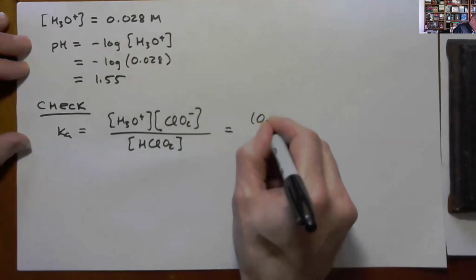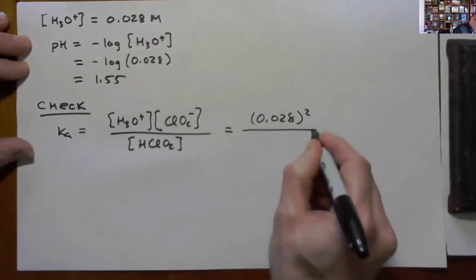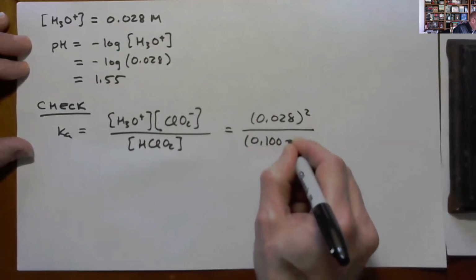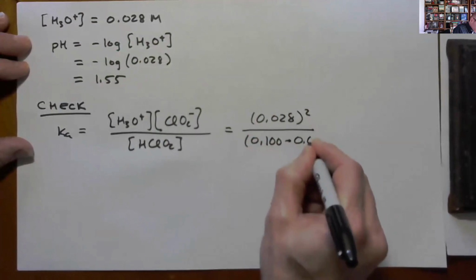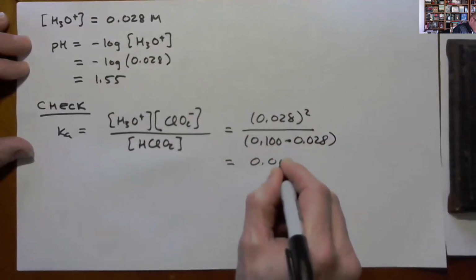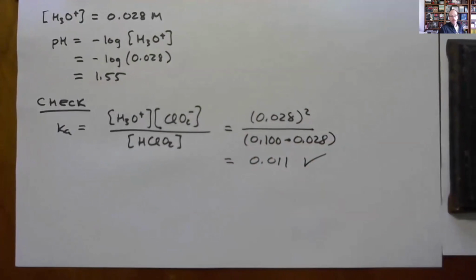So now we're actually going to use the values that we got through successive approximations. And again, here I'm going to use the actual equilibrium concentration. And that evaluates to 0.011, which is, of course, what we started with. So that all checks out.